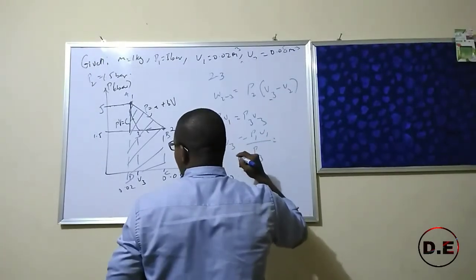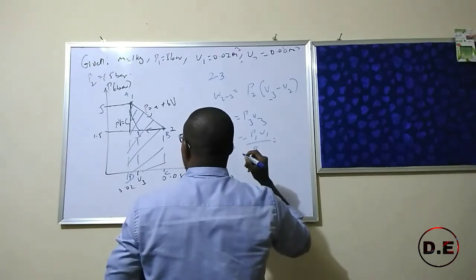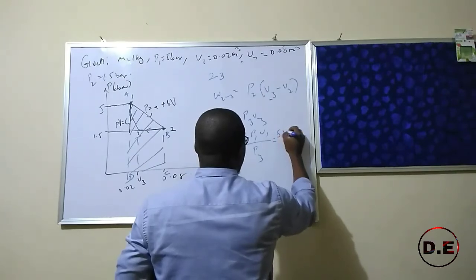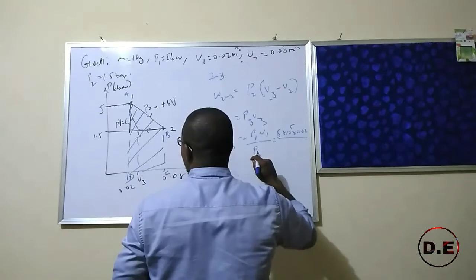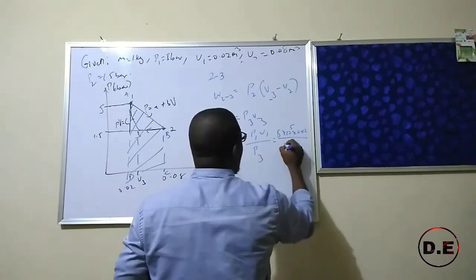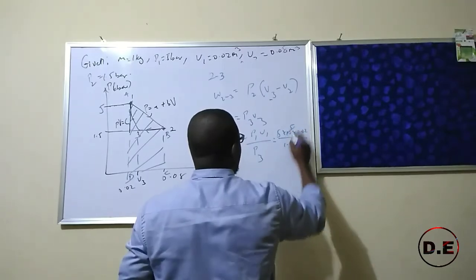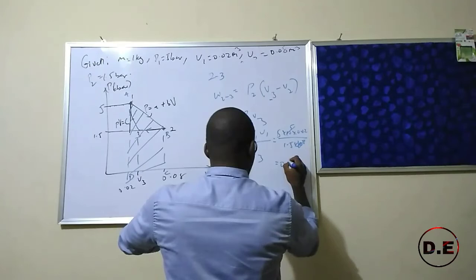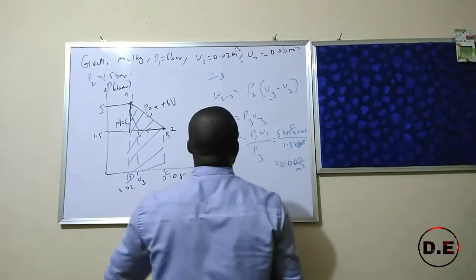And that will mean 5 bar times 0.02 over P3, which we have as 1.5 times 10 to the power 5 again, because it's in bar. So this cancels out. So this turns out to give us V3 as 0.0667 meter cubed.